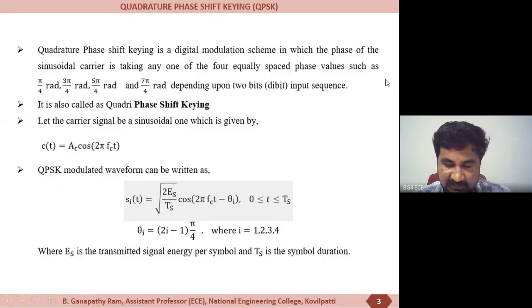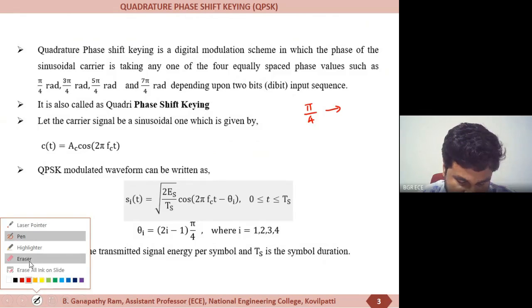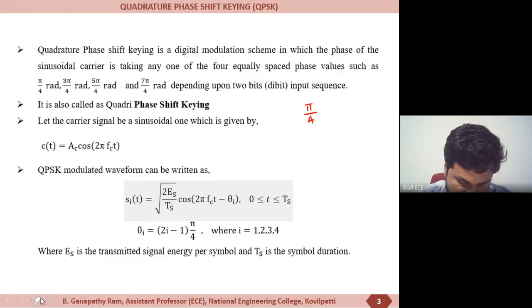Hence, the phase angle of a sinusoidal carrier is going to be varied with pi by 4 radians, or in terms of degrees, 45 degrees.